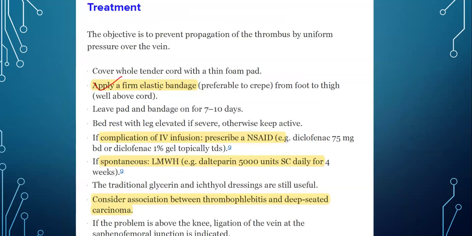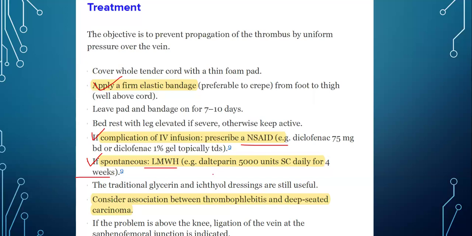So treatment: apply a firm elastic bandage. If it is a spontaneous thrombophlebitis, then the patient needs to be on low molecular weight heparin for 4 weeks. Okay. If it's due to a complication of IV infusion, and usually happens in the arm after a cannula, then at that time you just put them on some NSAID, like a topical NSAID gel.